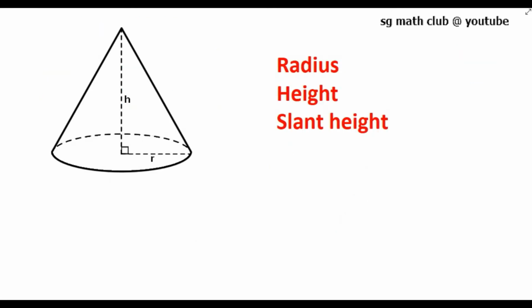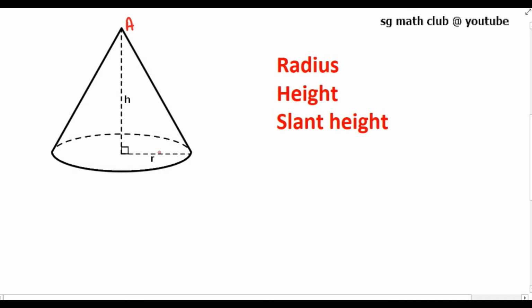Now let's see the parts of this cone. The point A, I can call it the vertex of the cone, and we can see one circular base for the cone. The radius of that circular base is the radius of the cone, and it is denoted by small letter r.